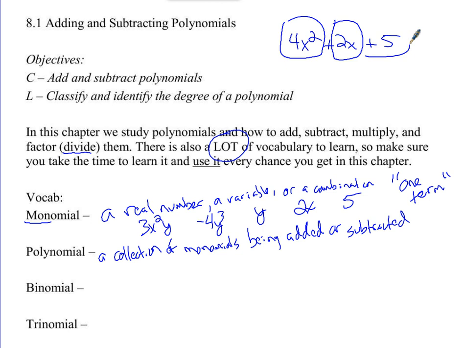This is also a term. Each individual thing in a polynomial is called a term. Okay, so how many terms are there in this polynomial? There's 3. How many terms are there in this polynomial? If it's a monomial, there's 1. Okay, so then what would a binomial be? Yes, very good. It's a polynomial with 2 terms.